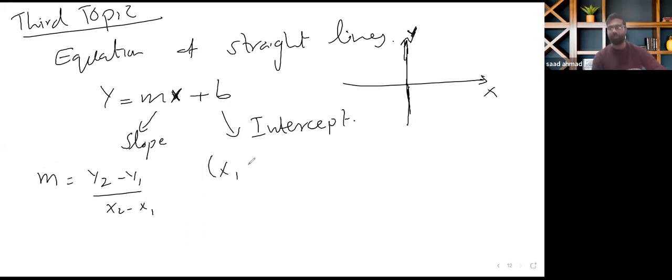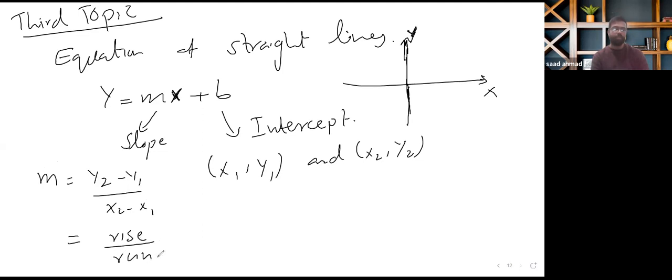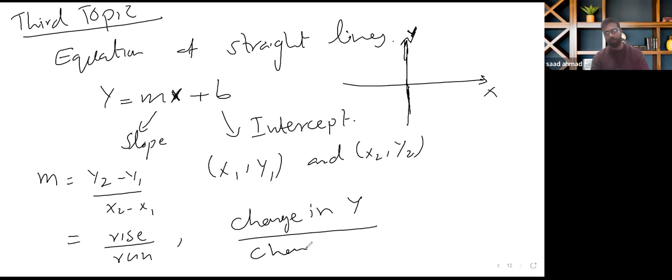Let's say we have points x1, y1 and x2, y2. If we have these 2 points, then how can we find the slope? y2 minus y1 over x2 minus x1, or sometimes people call it rise over run, or change in y over change in x.